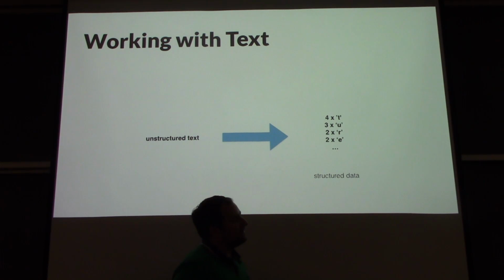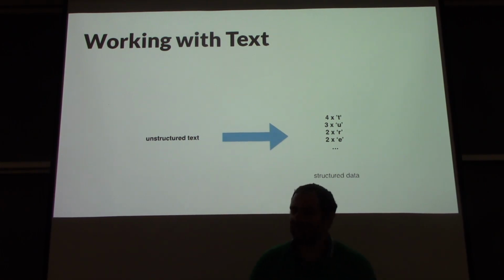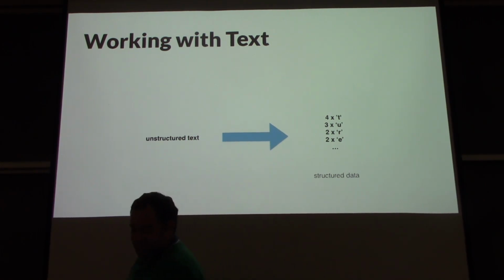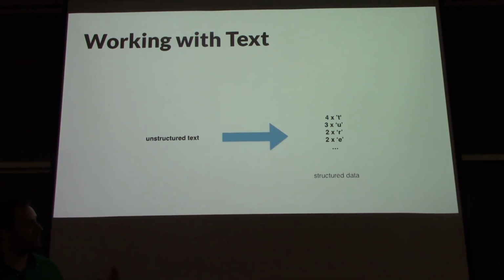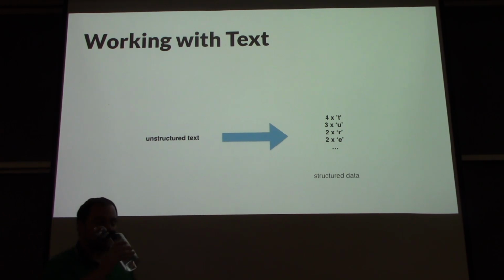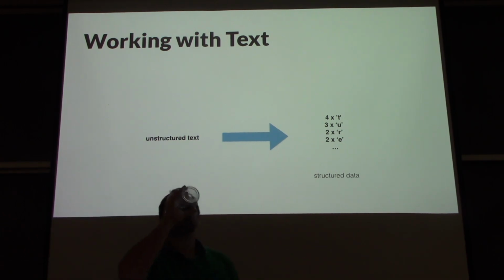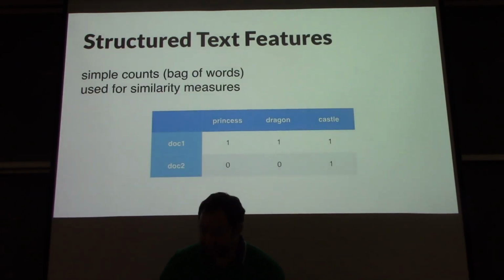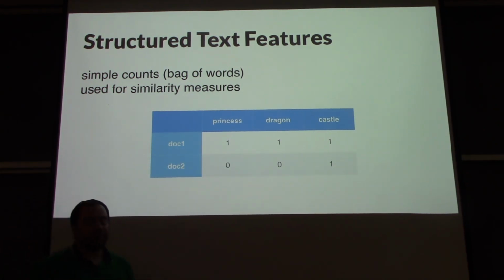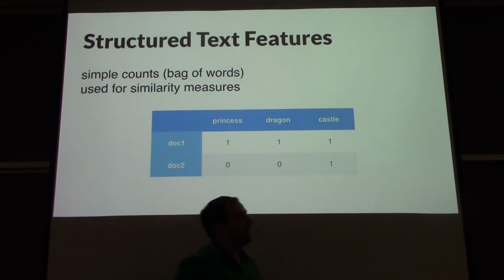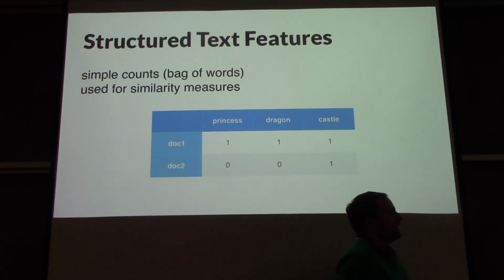But more generally, this was all not using any structure of text. More generally, what we want to do when we visualize text is convert unstructured text into some kind of structured form. The simplest way of doing this is simple counts, like a bag of words, that you can, for example, use for a similarity measure.